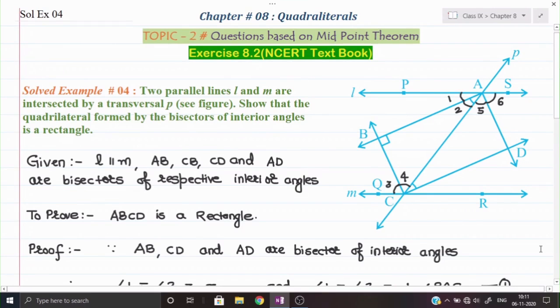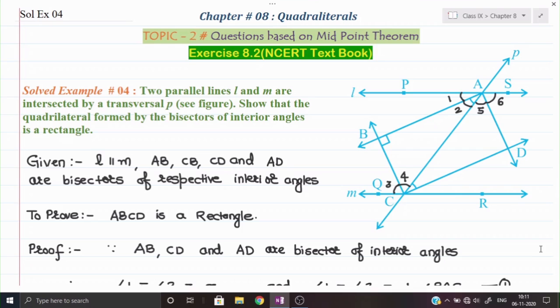Now two angles are remaining, that is angle A and angle C. So angle A and angle C also we need to show they are equal to 90 degree each. Here also we shall apply the same fundamental, that any one angle, either angle A or angle C, we shall prove 90, and we'll write down similarly the another angle, means angle C, will be also 90 degree each.